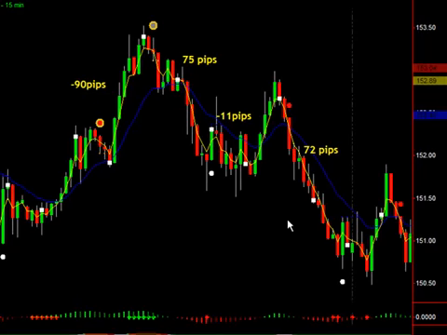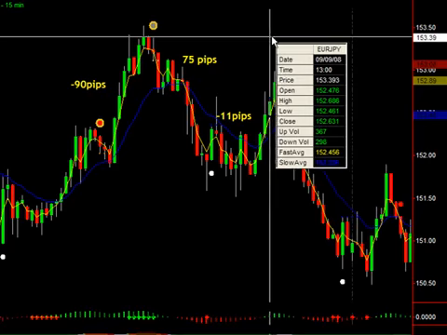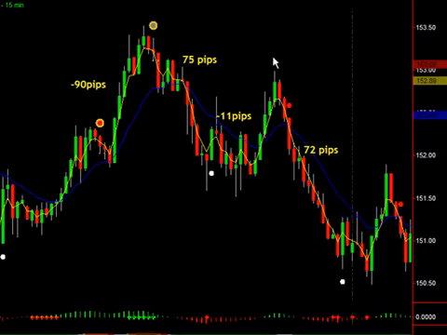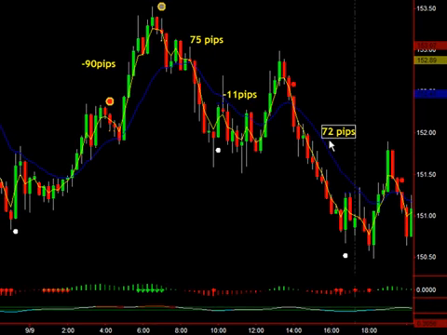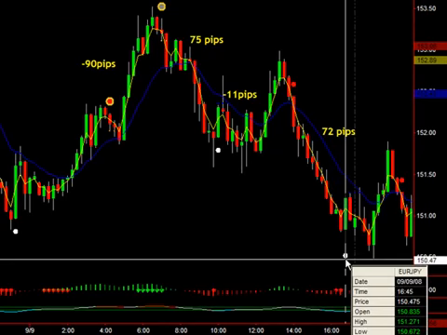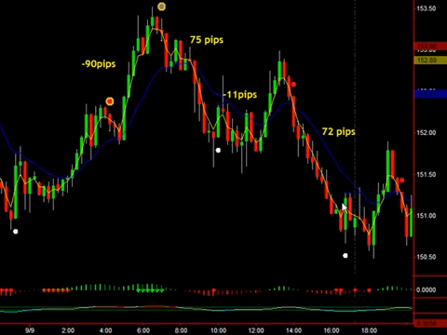Then we had a red sell with trend dot appear, and this was only for North American traders. By then the European traders had packed it in for their evening and sleep time, and we had a sell, and we got 72 pips out of that with an exit on a white dot right there.